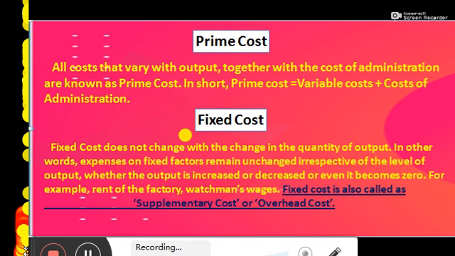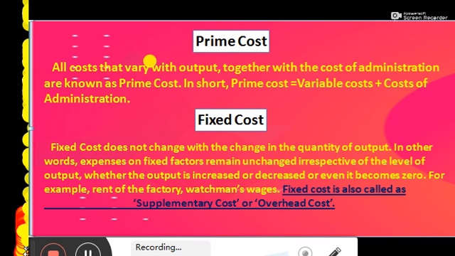This is not related to the quantity of output. Even if output is zero, there will be some cost.